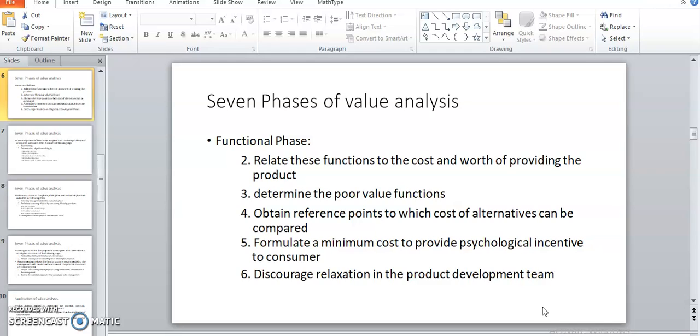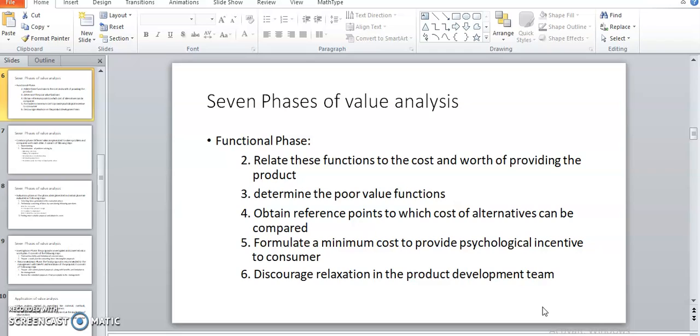Again, we can refer to some points, and compare the elements with reference to some standard points, so that we can give alternatives for those particular functions. Again, formulate a minimum cost.